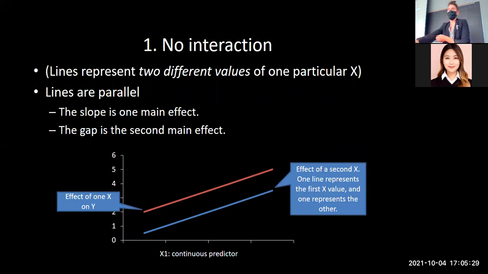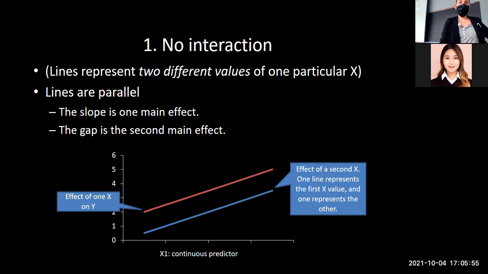The first type is no interaction. So this is just like the bacon and avocado example. I have lines representing 2 different values of one particular x. So this would be like bacon or no bacon, or cars and trucks. It's one variable, but 2 lines representing the variable. So if there's no interaction in my model, my lines are parallel here.